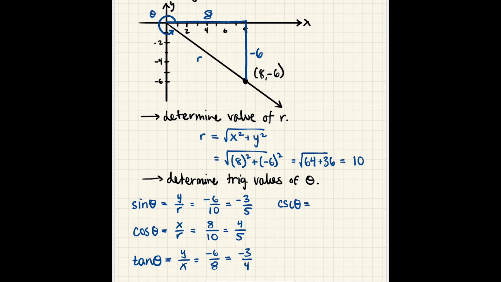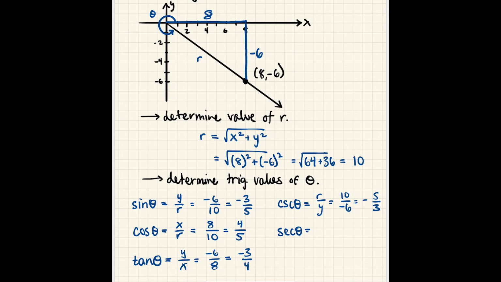Cosecant of theta is r over y. So that would be 10 divided by -6, and that's -5/3. If you know sine of theta, which we do, you could also just deduce that cosecant is the reciprocal of that.